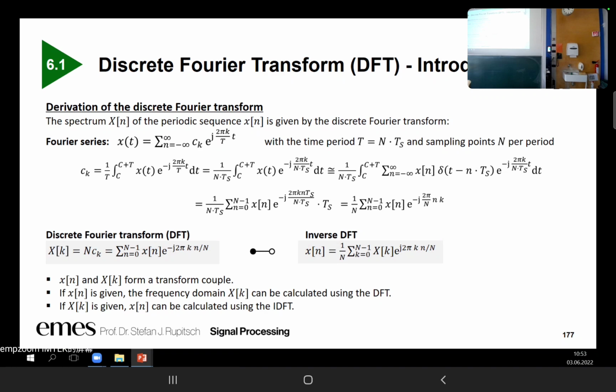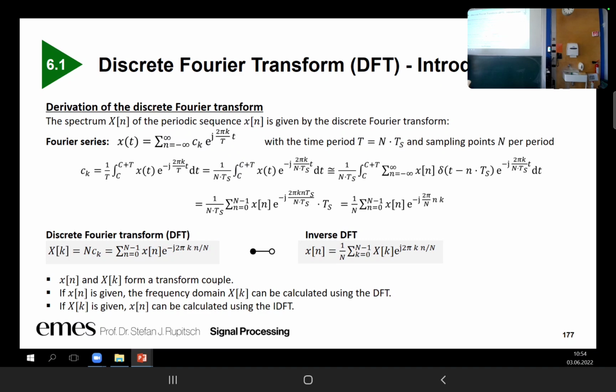This is done here. The sampling points give us the time information, and we multiply it with this derivative. And then we again have the integration, but here the summation. Due to the linearity of both procedures, integration and summation, we can change the order, and we can say that during one sampling period, one sampling interval, the signal remains the same.